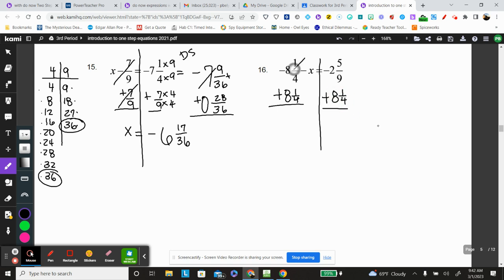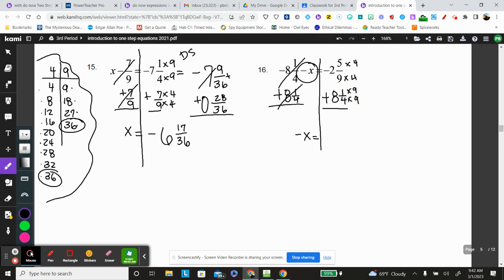I'm not doing the T-chart again. Why? You already did it. It's right there, 36. Okay, but let's not bring down a positive X. Let's bring down a negative X, okay, and then who can tell me what to multiply the 5 and 9 by? You already did the T-chart. 4. What about 9?